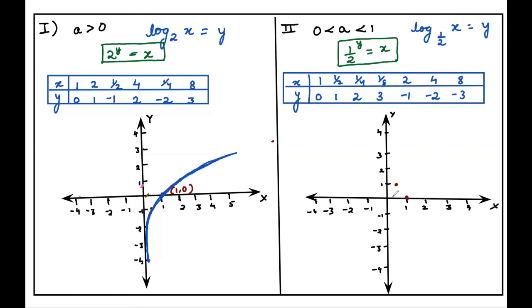When x is 1 by 4, y is 2. ये पॉइंट हो जाएगा. 1 by 8 के लिए 3 आता है, तो ये और पास जाएगा, बट इट विल नॉट टच दी y एक्सिस. ठीक है, तो ये कहीं इधर ही आ जाएगा पॉइंट. देन when x is 2, y is minus 1. So that means you are here. When x is 4, y is minus 2. You are here. तो अब इनको हम ज्वाइन कर लेते हैं.